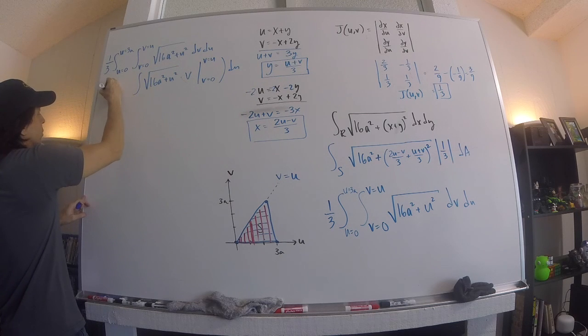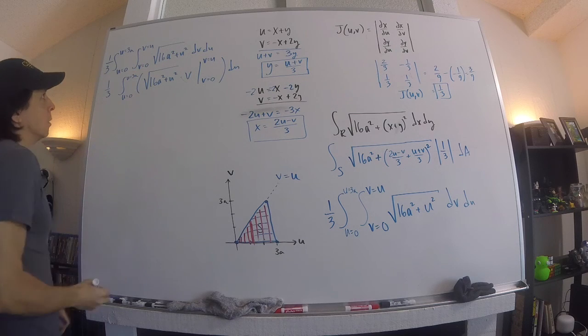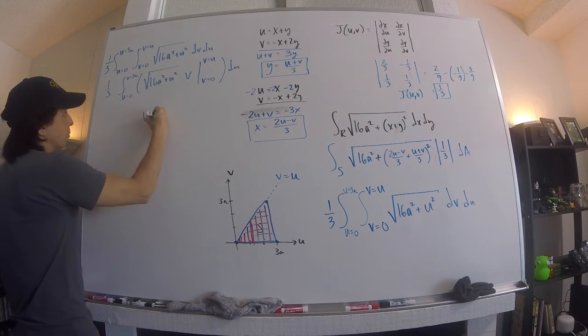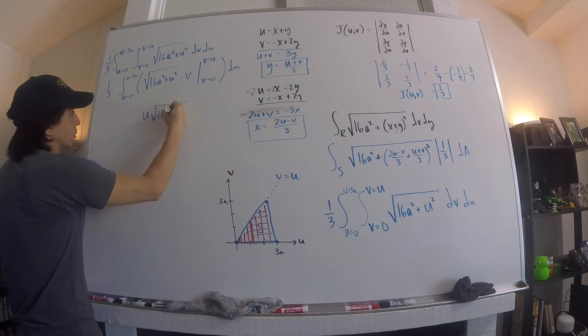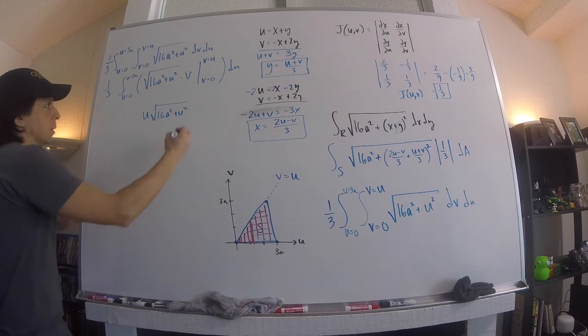And I will also not forget that 1/3 there. All right, plug in u, and then plug in the 0 just gives me a u. So my first layer of integration gives me that. That's a result of integrating with respect to v first.